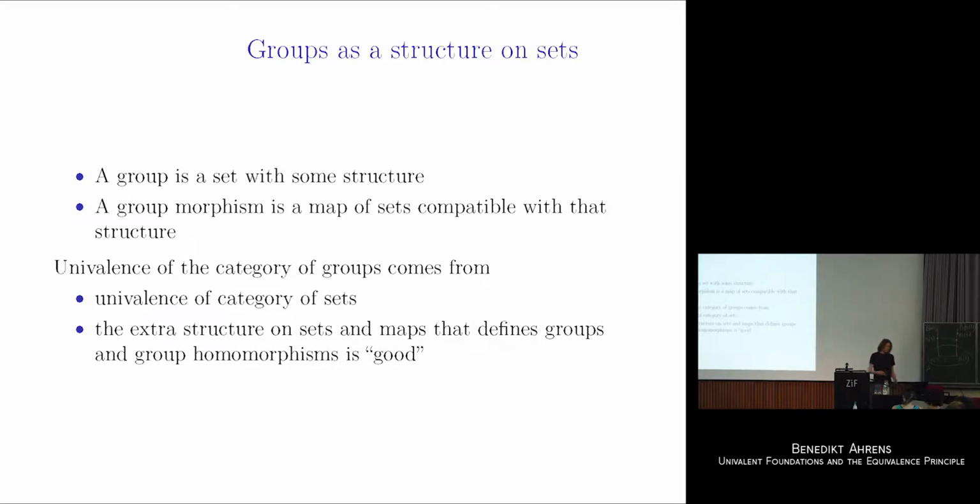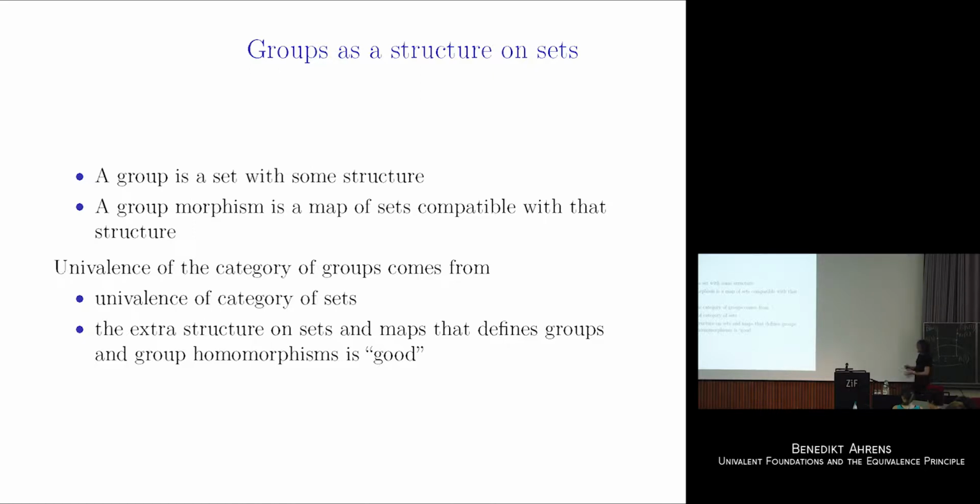Now, if we look more abstractly at what we are doing, if we try to generalize, we say that a group is a set with some extra structure, and we want to abstract from this extra structure. And a group morphism is a map or a function of sets that is compatible with that structure.